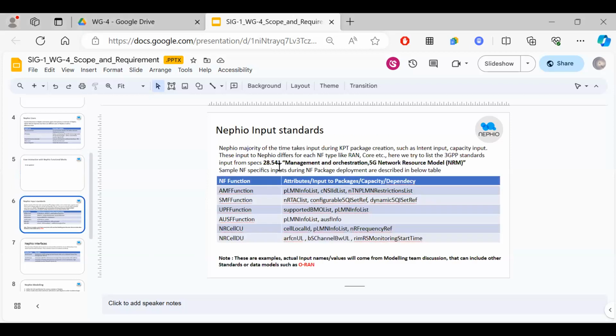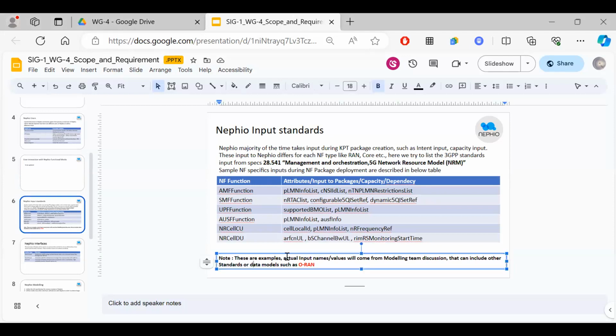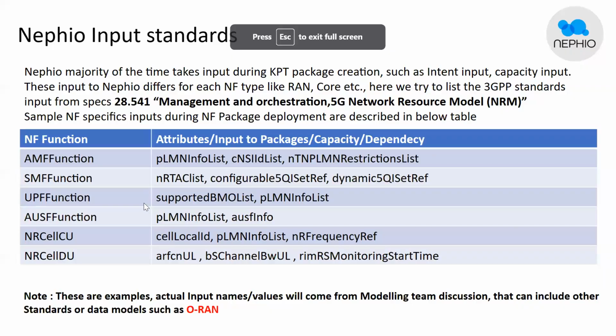Now one of the sections we put in is something like NFV inputs, right? This is just an example. The actual values will come from a different team, maybe the modeling team or another team who defines that.